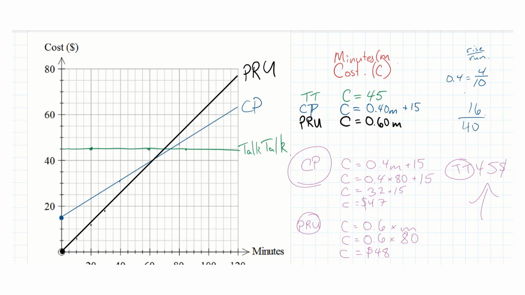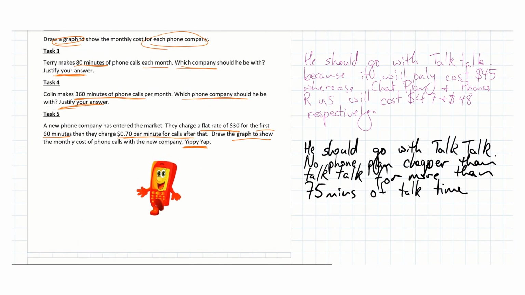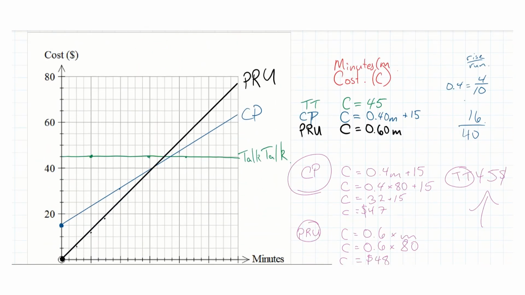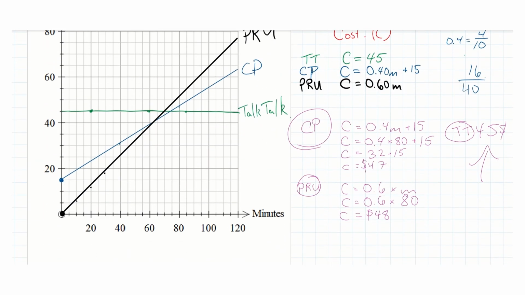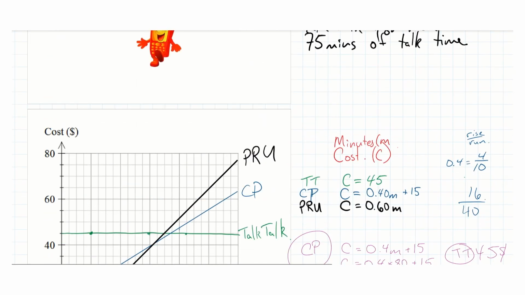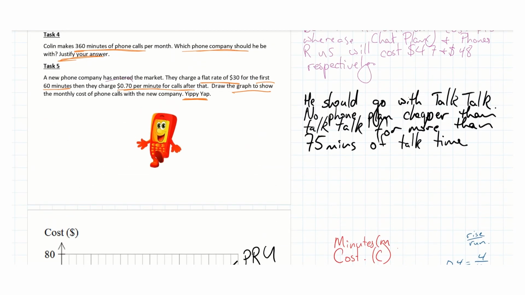Cool. So Yip Yip, we know that for the first 60 minutes, they're charging $30. So I'm going to make a line here that goes straight across until I get to 60 minutes. That's the first price. And then after that, it's going to be 70 cents per minute for calls.